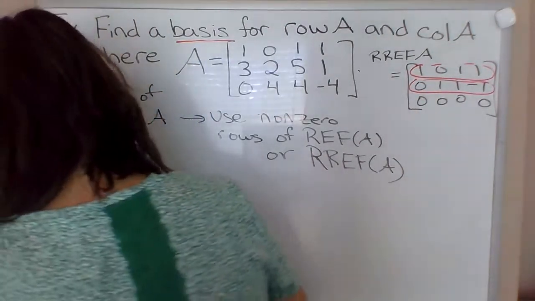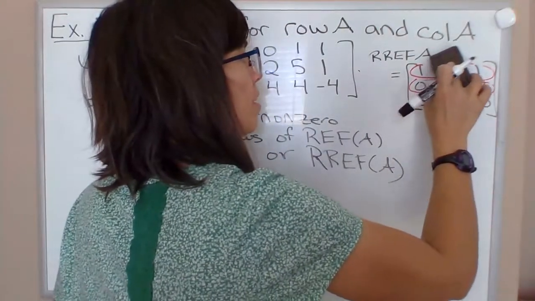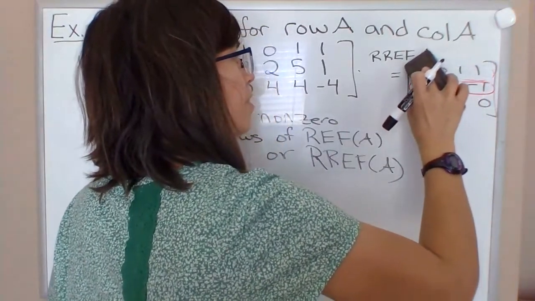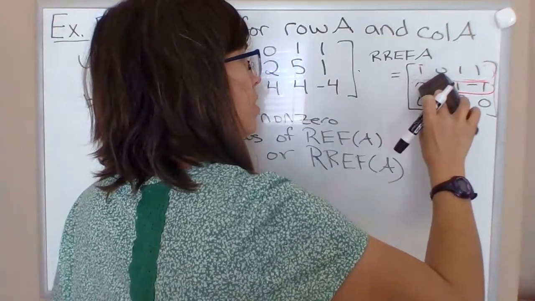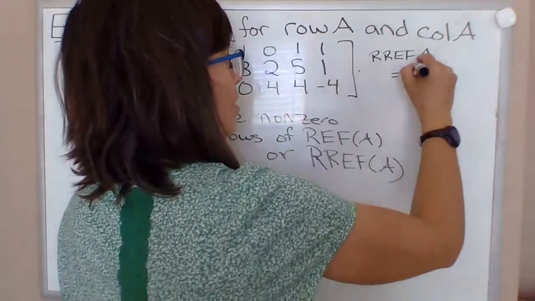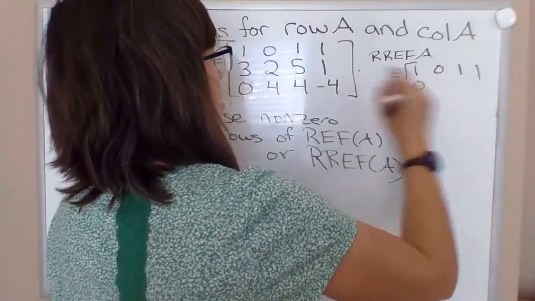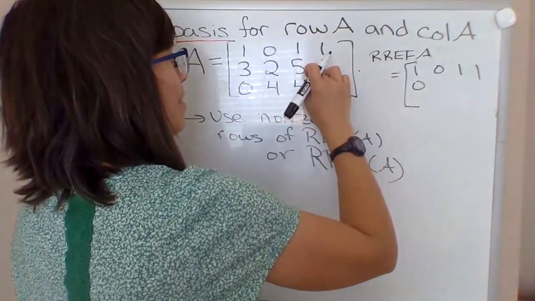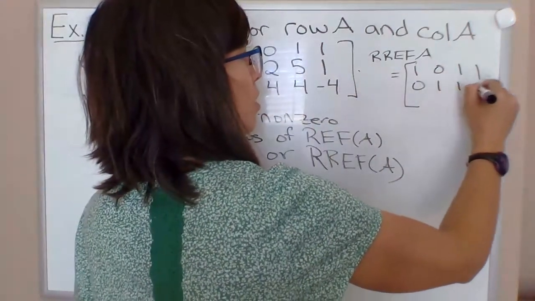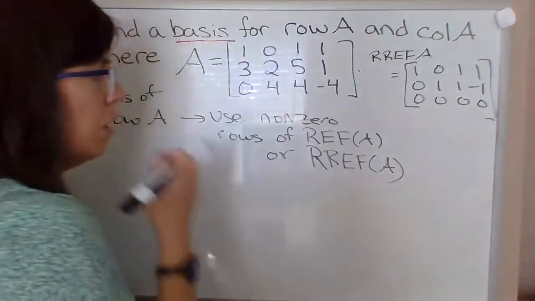Now, what about a basis for the column space? Let me just rewrite it. Okay, so what did we have? 1, 0, 1, 1, 0, and this ended up being -3, 2, 1, 1, -1.